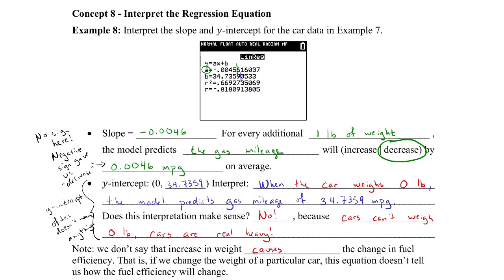We predict that a heavier car will have additional properties that are different from the properties of a lighter car, and those properties might also affect fuel efficiency. Very often we'll have linearly related values, but there isn't really a causal link between them. One example is you can get a linear correlation between how tall a child is and how well they can read.